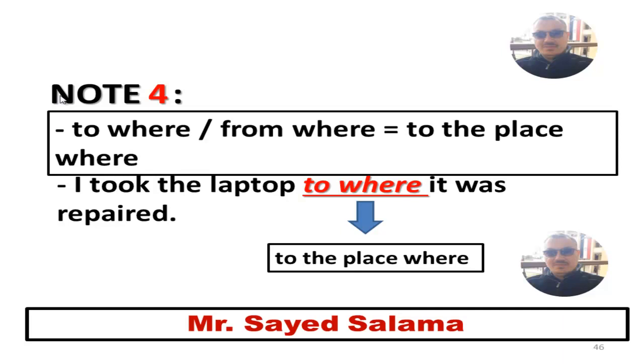Remember this one. To where or from where means to the place where. I took the laptop to where it was repaired. أنا أخدت اللابتوب للمكان اللي كان متصلح فيه. So to where means to the place where. The next one, another example just to clarify this one.